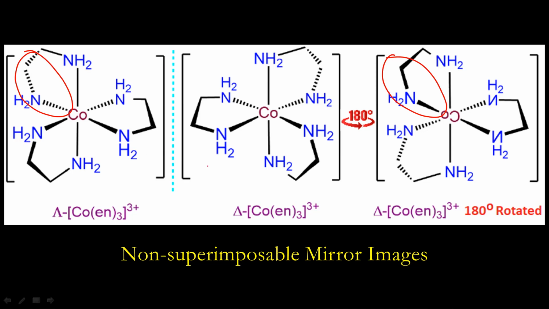Here, it will not be superimposable due to the 3D structure. Is that clear? Okay. So this shape is called lambda, capital lambda. This is called delta, and obviously the mirror image is also called delta. But only if you prepare for advanced, otherwise not required.